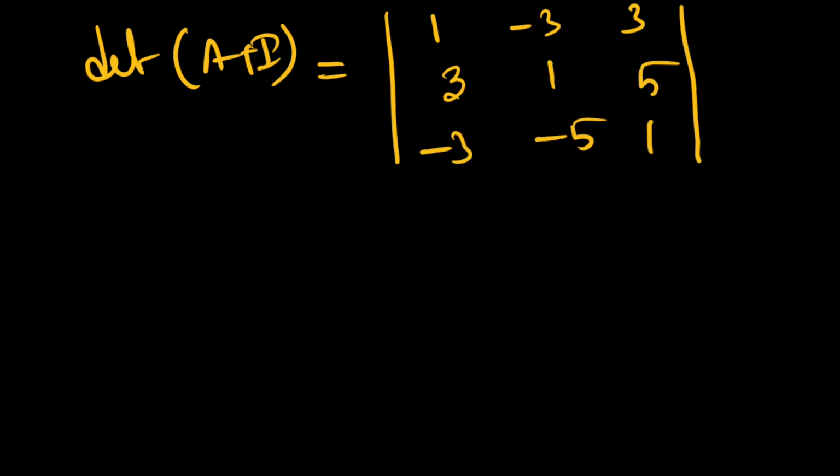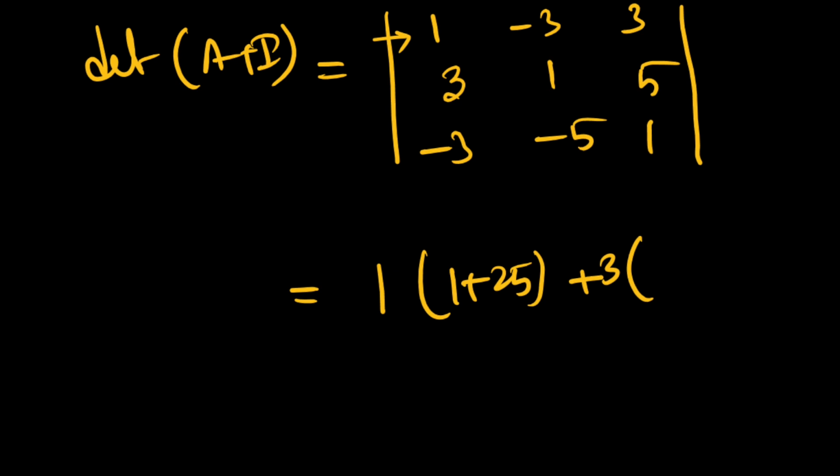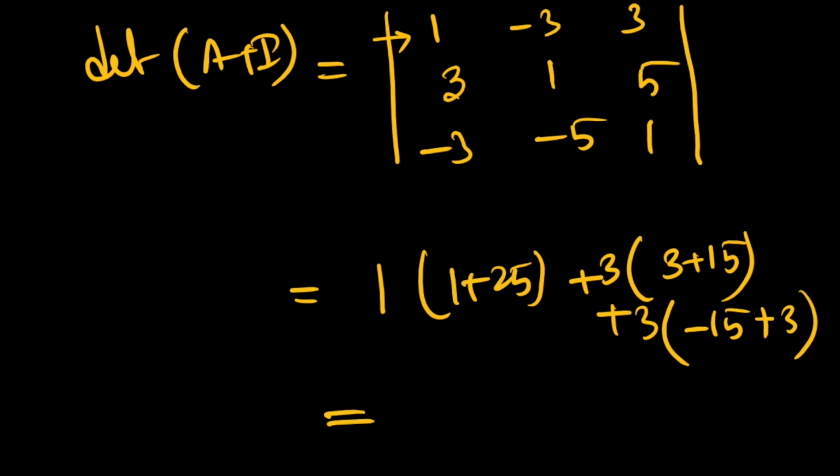Now we expand through the first row: 1 into (1 plus 25), plus 3 into (3 plus 15), plus 3 into (minus 15 plus 3). So that is equal to 26 plus 54 minus 36, which is equal to 44.